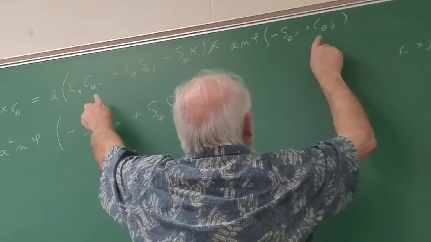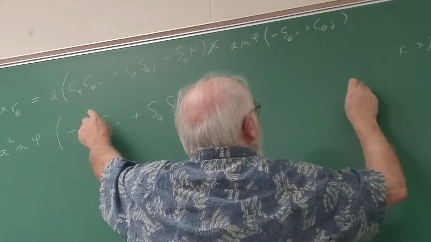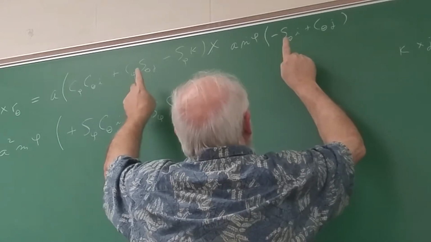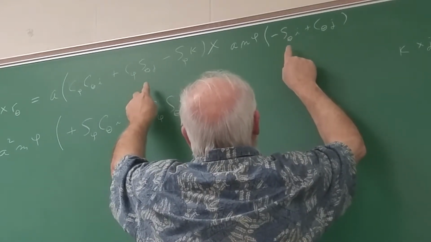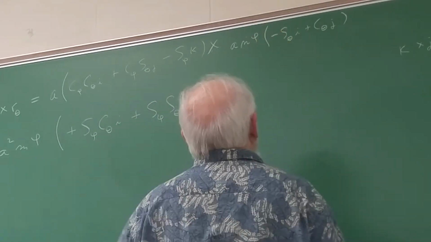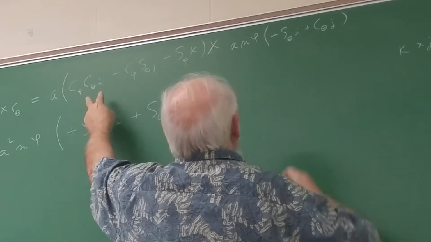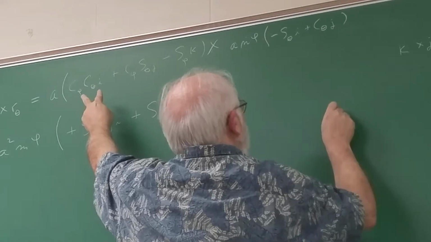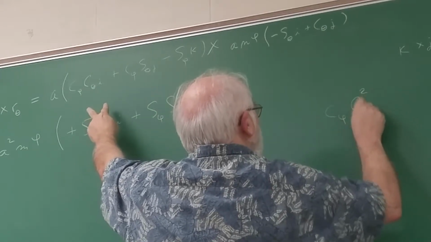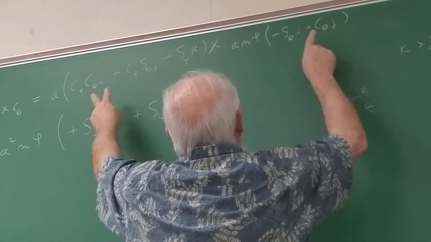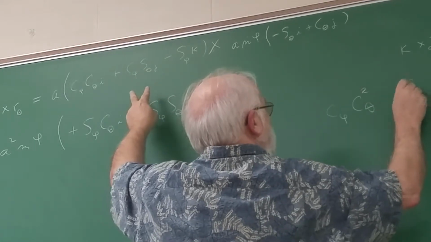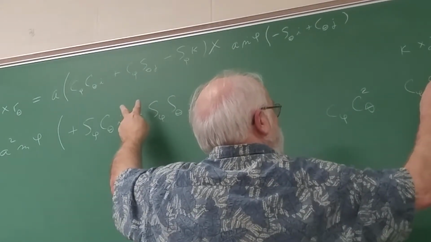Here we've got an i cross j is k, and a j cross i is minus k, but there's a minus there. So it'll be positive. And I'm going to get a cosine phi cosine squared theta, and I'm going to get a cosine phi sine squared theta.